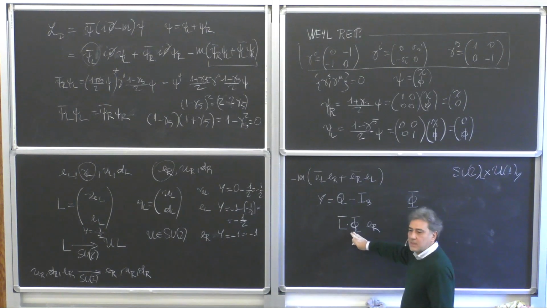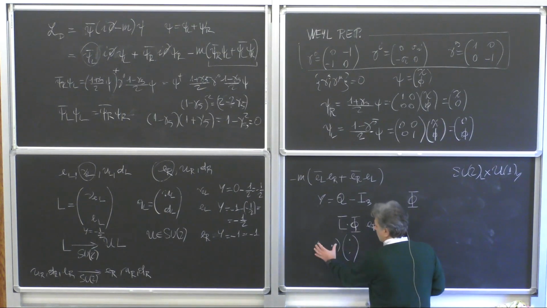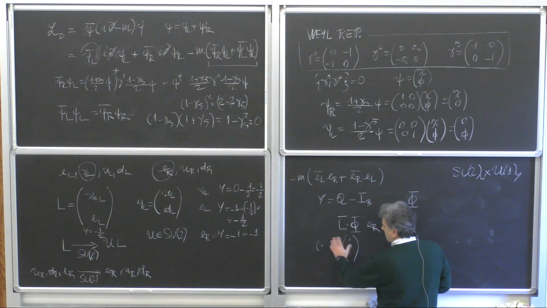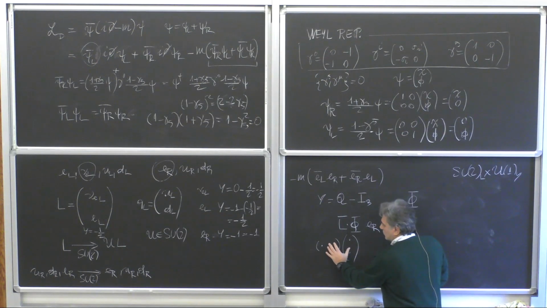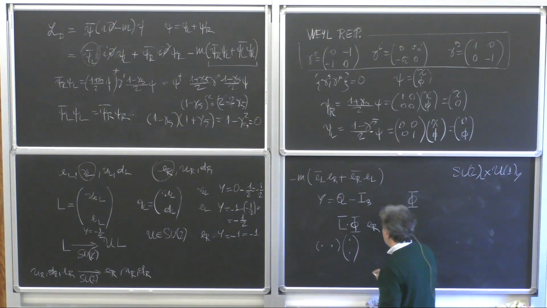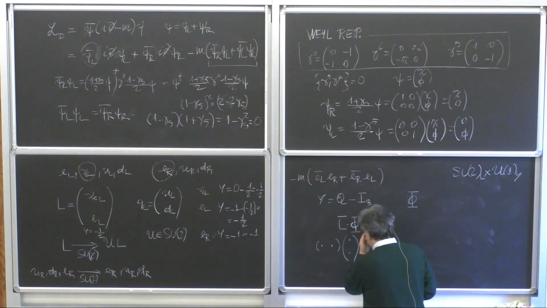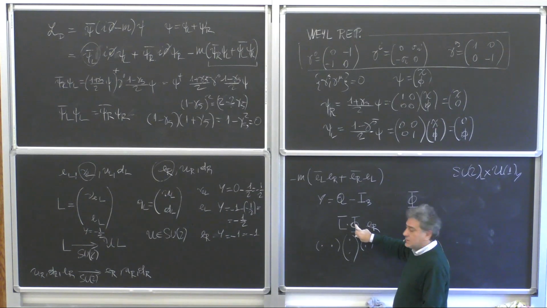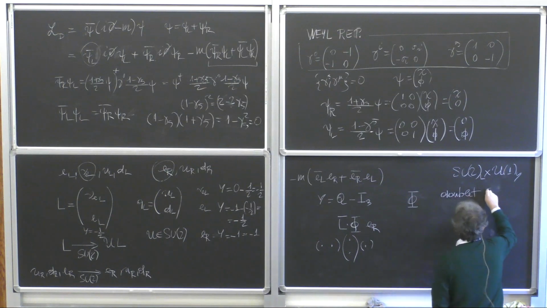This, to be a singlet under SU(2), must be something like this. So this is a row, this is a column. This gets a U dagger under the symmetry. This gets a U, U dagger U is unity, and so this is a singlet under SU(2). So this scalar field must be a doublet of SU(2).